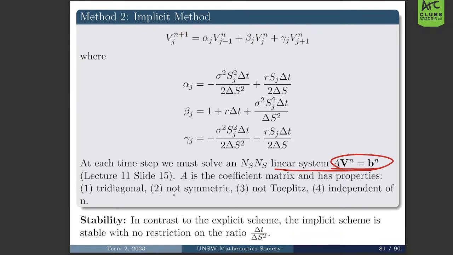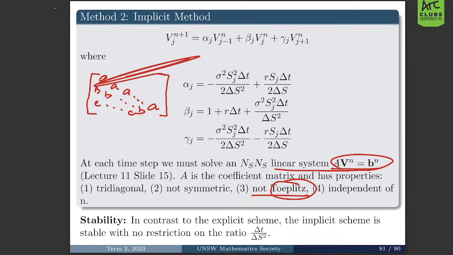So it's tridiagonal, it's not symmetric, and it's not... I'm not going to try to pronounce that, but essentially remember this word is basically saying that you have a system that has column-wise the same elements. So let's say maybe the diagonals are all A's and below this are all B's and all C's. So the diagonals are the same elements is basically what this word is saying, but it's not that.